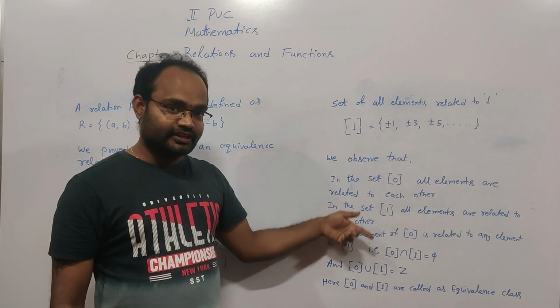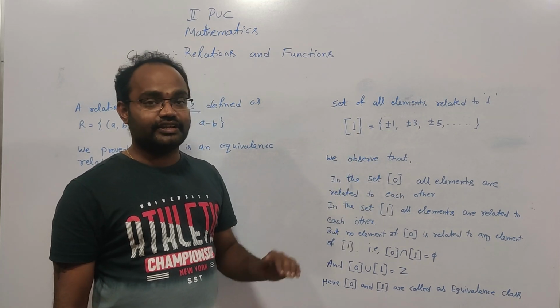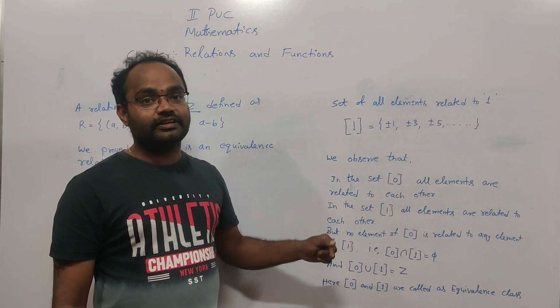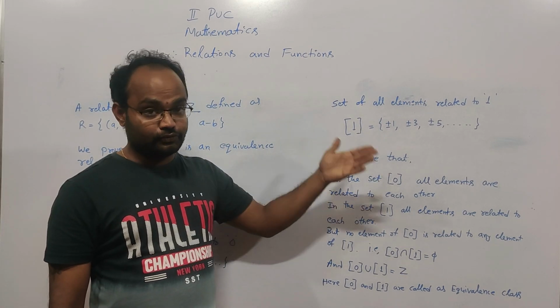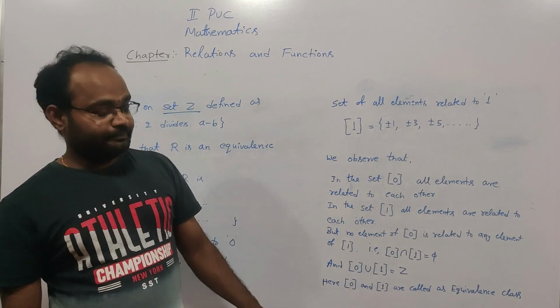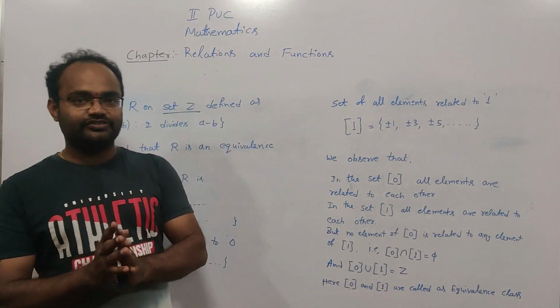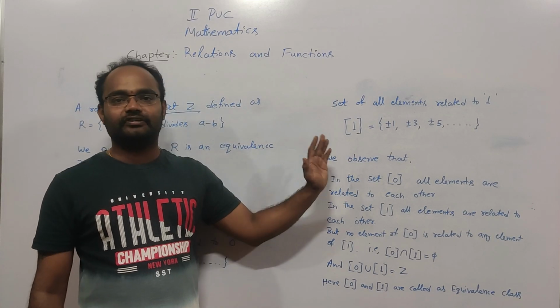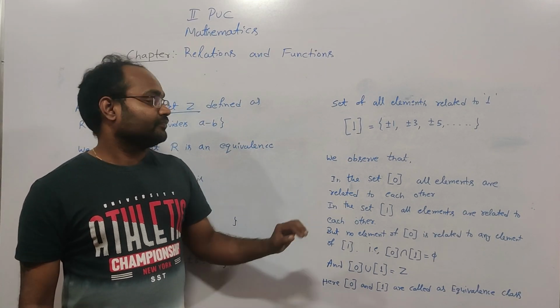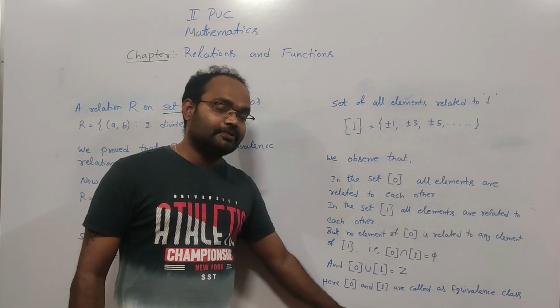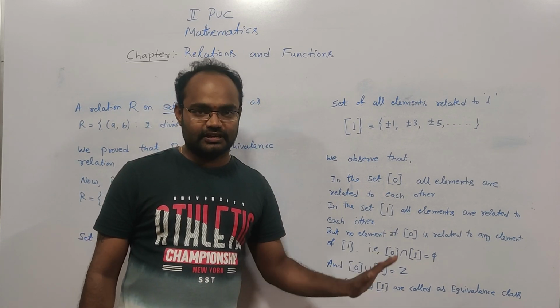Then there should not be any interrelation between any of those sets. Then finally, if you take the union, you should get the actual set. If any sets satisfy these conditions, they are equivalence classes. So in this particular example, these two are equivalence classes.